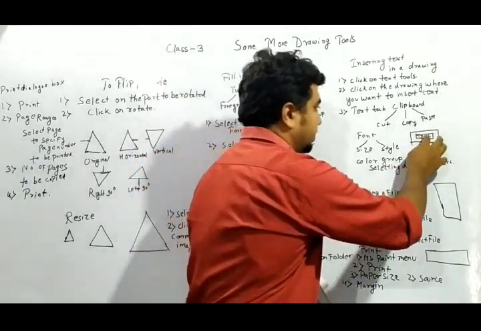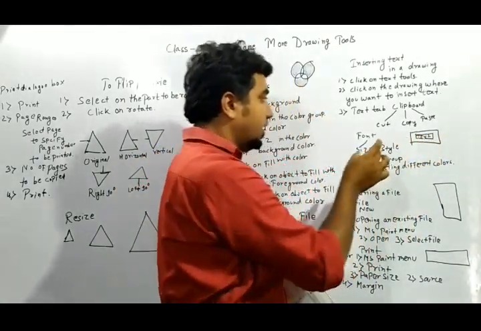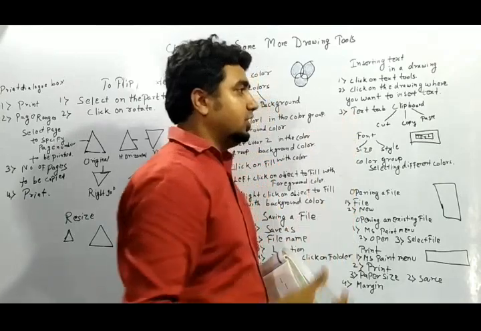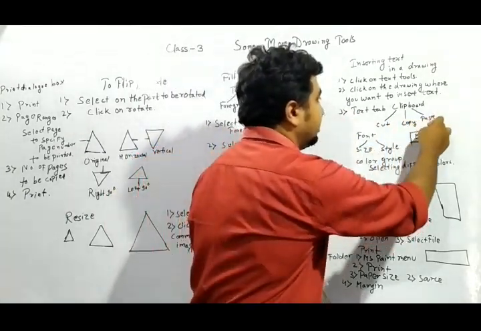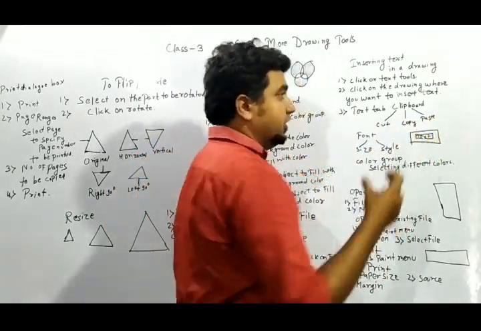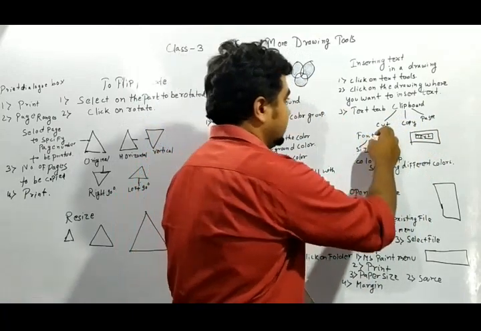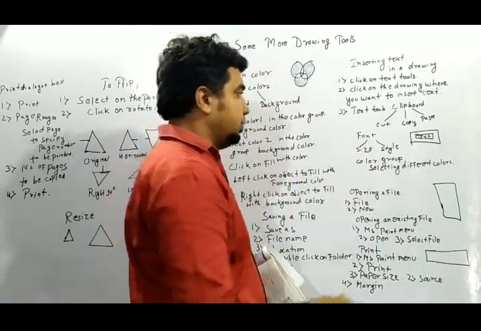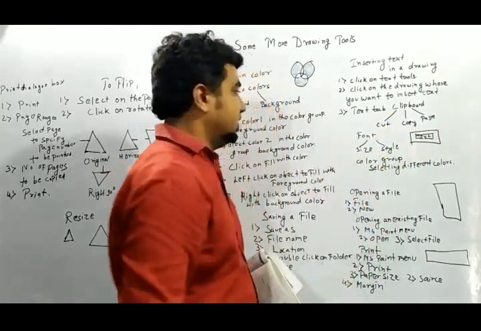Copy means it remains in the original area and also appears in the new area. So copy and paste is duplication, and cut is just removal from one area to the other.